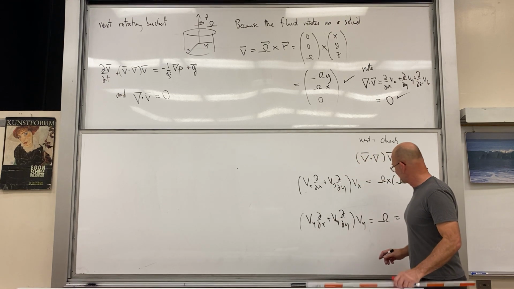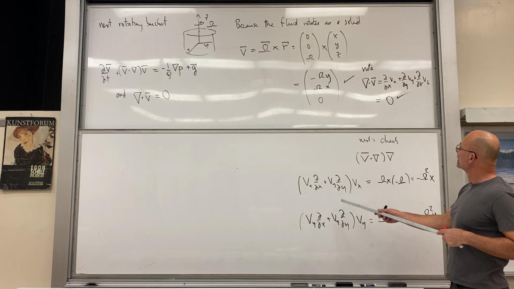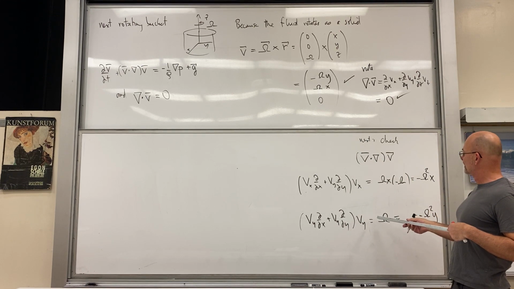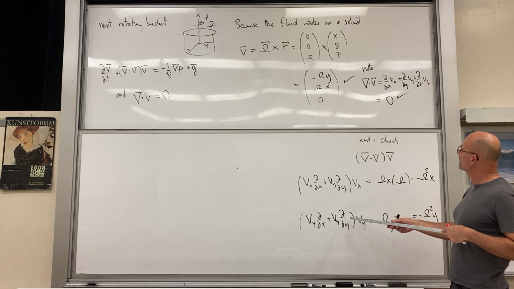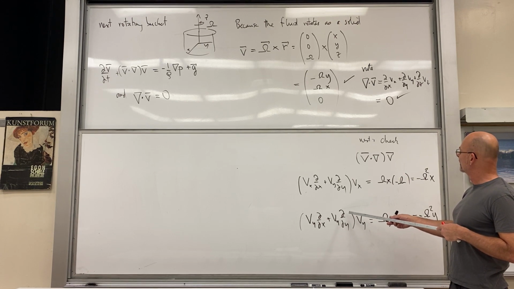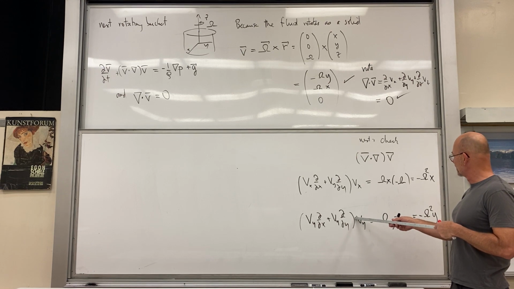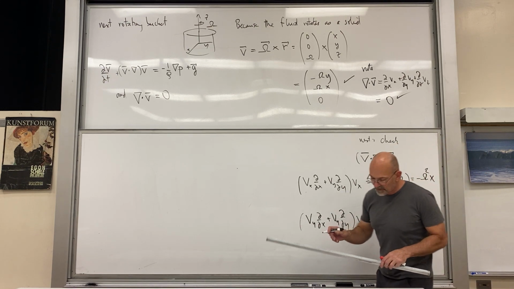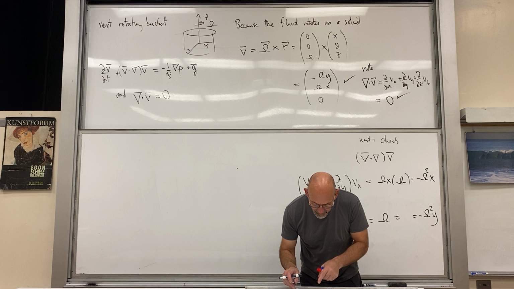So why am I not seeing that? Dx d over dx. Okay, that one vanishes. I'm not seeing a sign here.